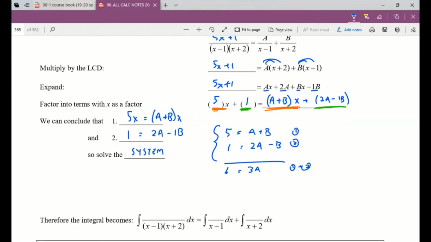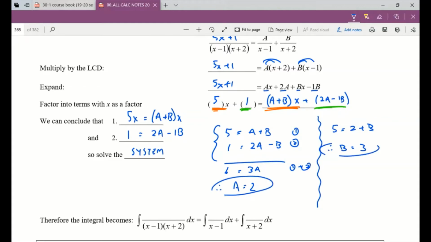So therefore, a is equal to 2. Once a is 2, we're going to substitute that into our first equation. 5 is equal to 2 plus b. Therefore, b is equal to 3. We have our two parts of our solution.